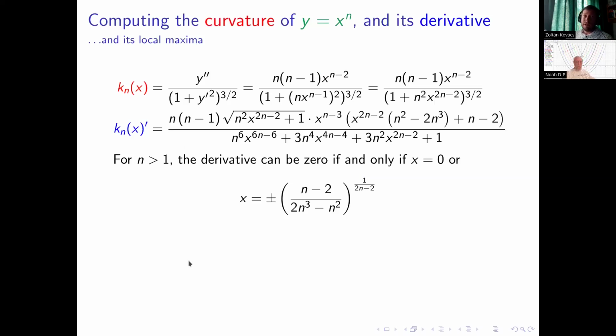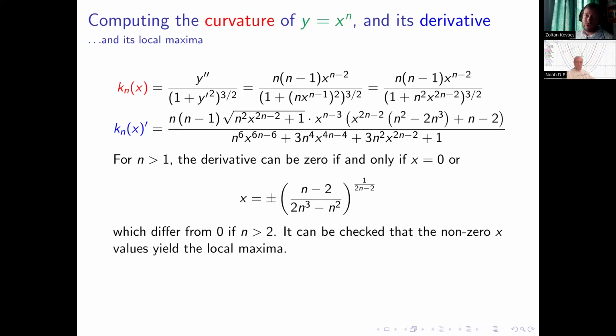So there must be two jumps where there is a local maximum. At x equals 0, we have just a local minimum. Yes, and we can exactly compute these numbers where we have a kind of jump. That means that the cusp is around this value.